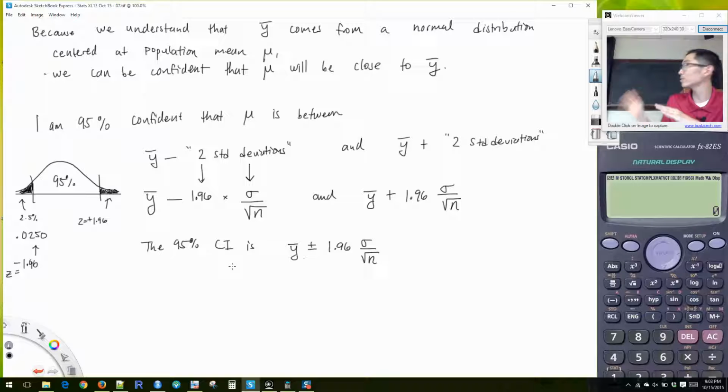All right, is this okay though? Does anyone see a problem with this, or an issue that we might encounter when trying to figure out our confidence interval?